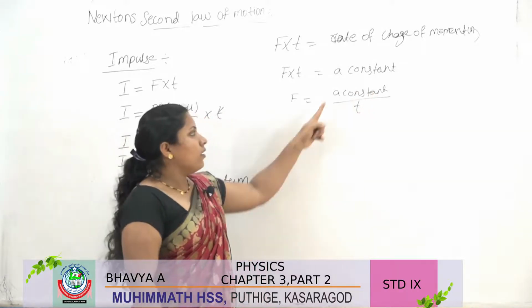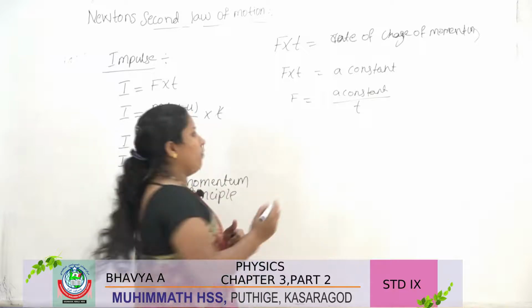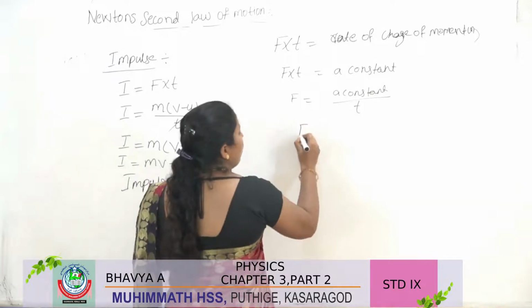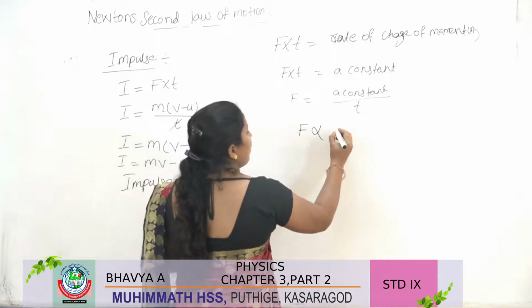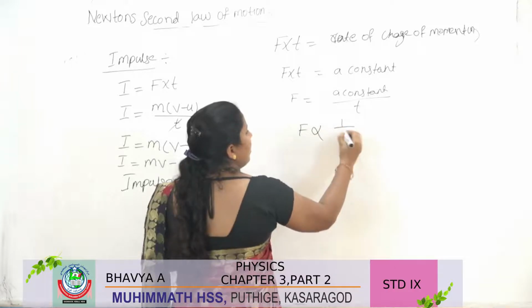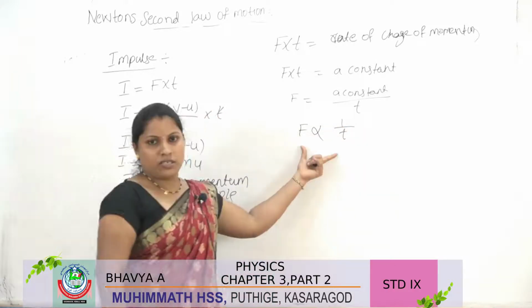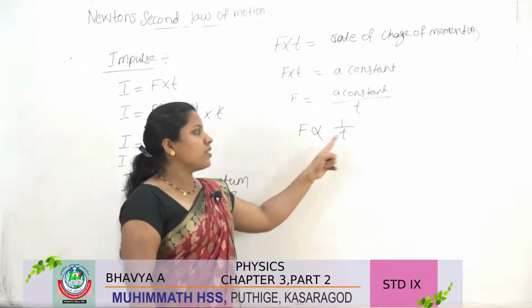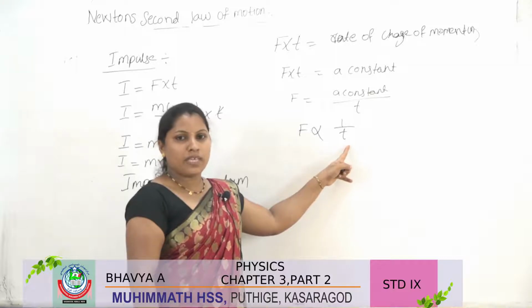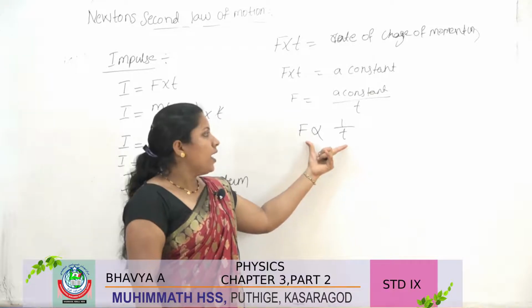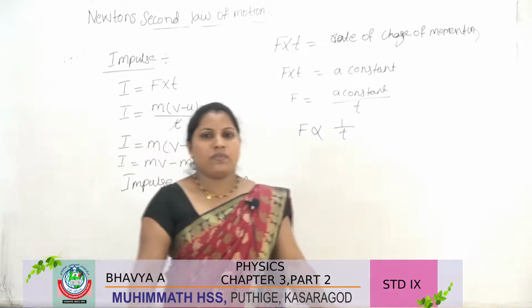We can write the constant as I. So force is inversely proportional to the time taken. The force is inversely proportional to time taken by it. This is called the impulse.